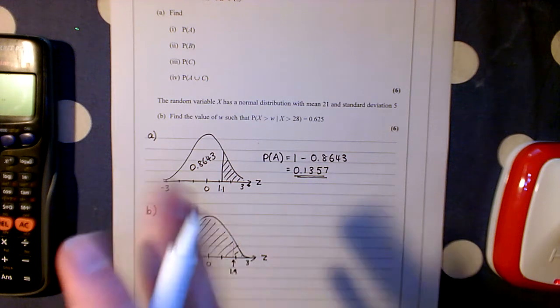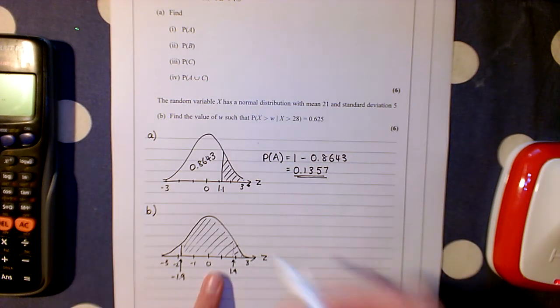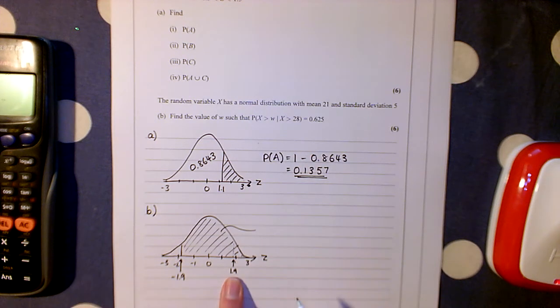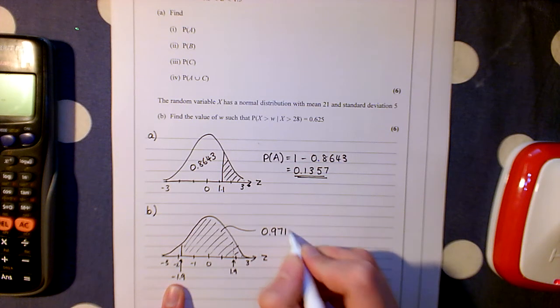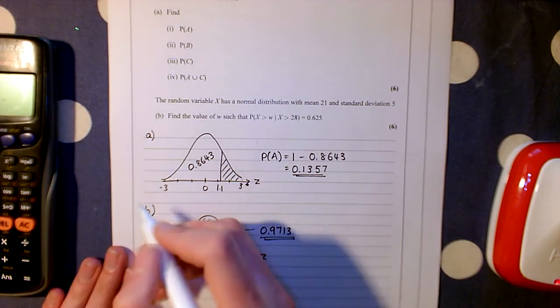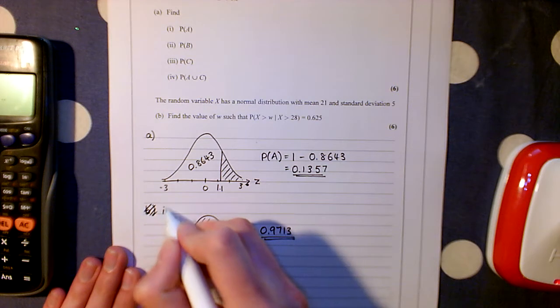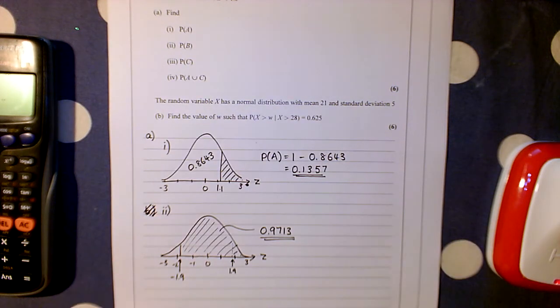Well, that part, if we reflect it in the axes here, is equal to the part I've shaded. So by looking up positive 1.9, I've got the right shaded section of 0.9731. And that's the answer for part II. It's not part B actually, it's part II. And these are each only worth 1 mark each, so you just have to get the correct answer here.